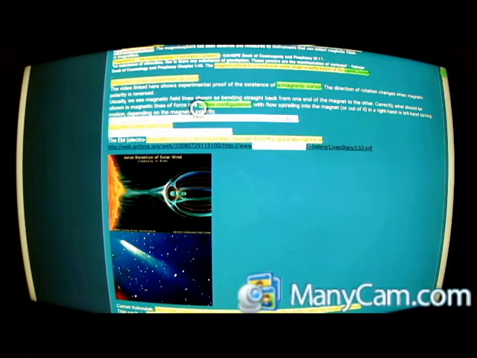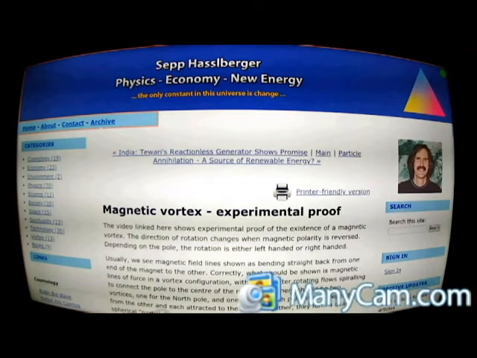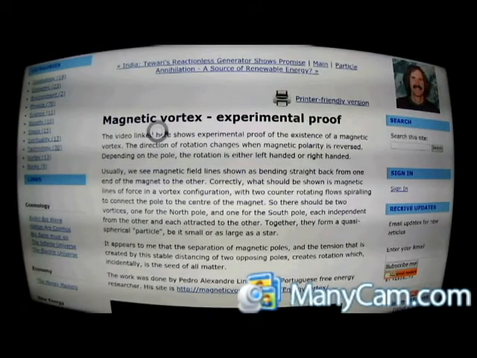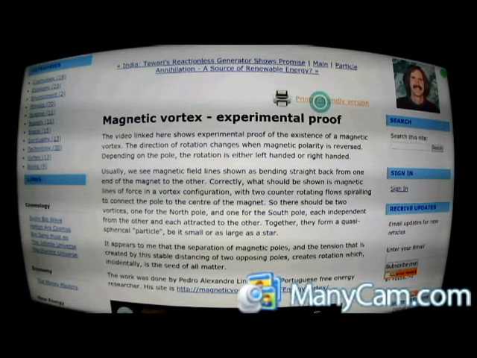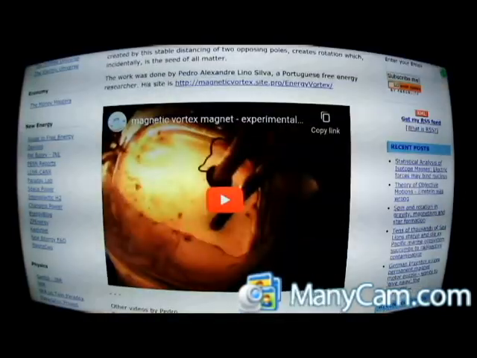Correctly, what should be shown is magnetic lines of force in a vortex configuration, with flow spiraling into the magnet or out of it in a right hand or left hand turning motion depending on the magnetic polarity. And that's from the web link that I have there, and you click on it, and there it is, magnetic vortex experimental proof.